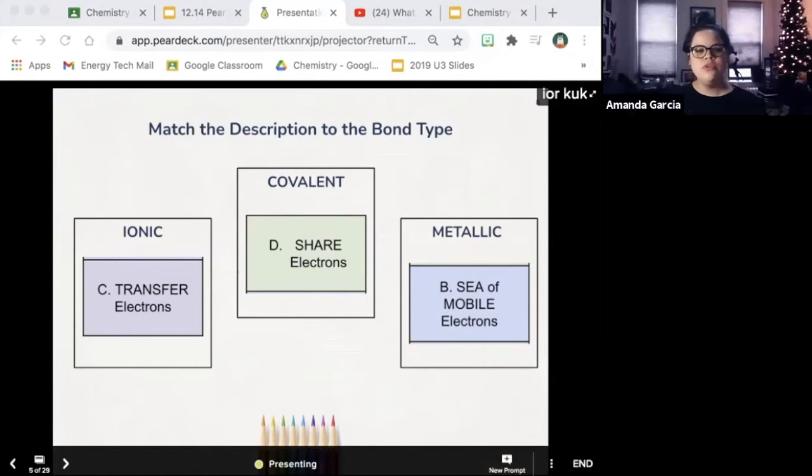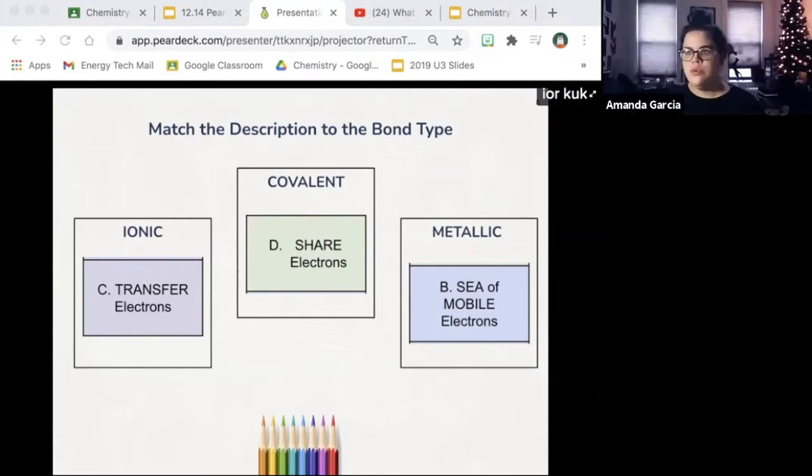Ionic bonding is when you have a transfer of electrons. I remember that with the root word ion, meaning an atom that has either gained or lost. And so in ionic, you have one of each. Covalent bond, sharing electrons, the prefix co, work together. They work and share their electrons. And then metallic, we've spent a little bit more time with these. I'm happy to see most of us remembered that one is the sea of mobile electrons.